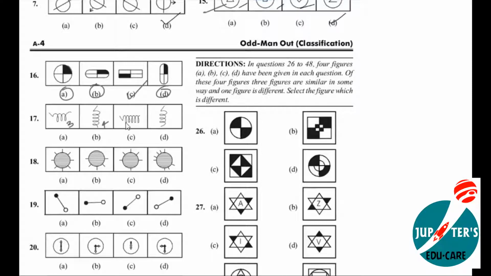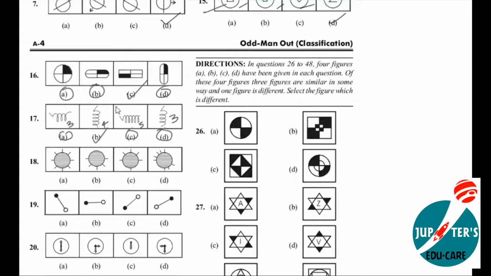In option C, count 1, 2, 3, 4, 5, so we have 5 turns. In option D, 1, 2, 3, we have 3 turns. So options A, C and D have an odd number of turns, and option B has an even number of turns. So B is our answer.